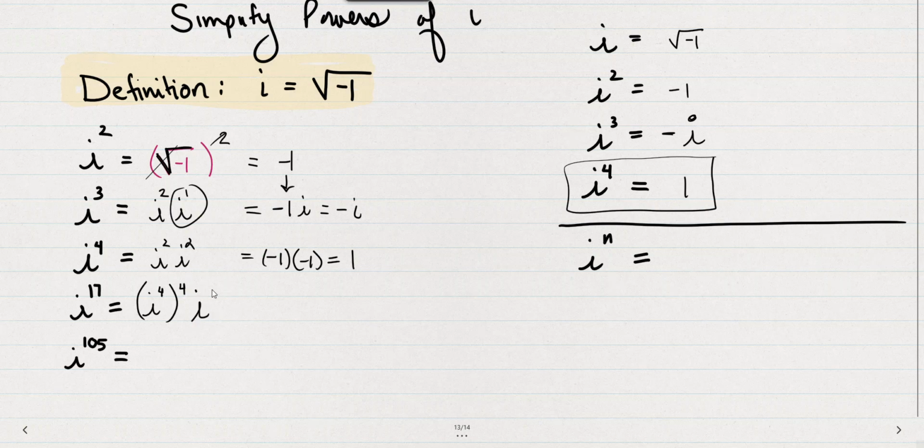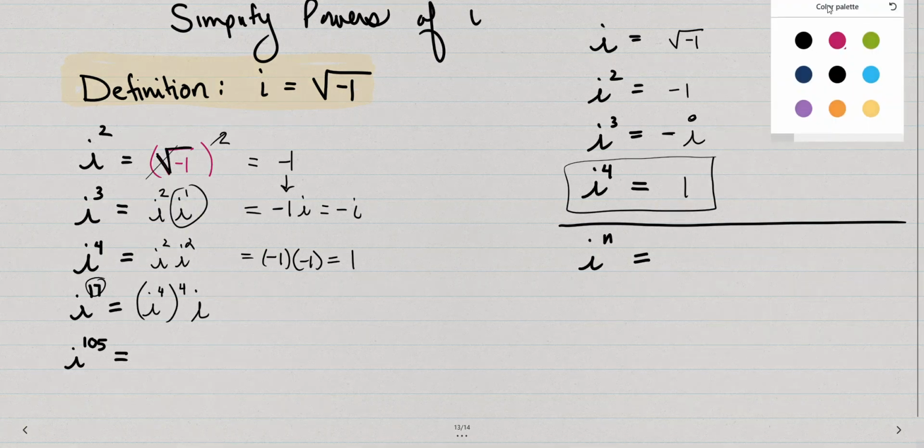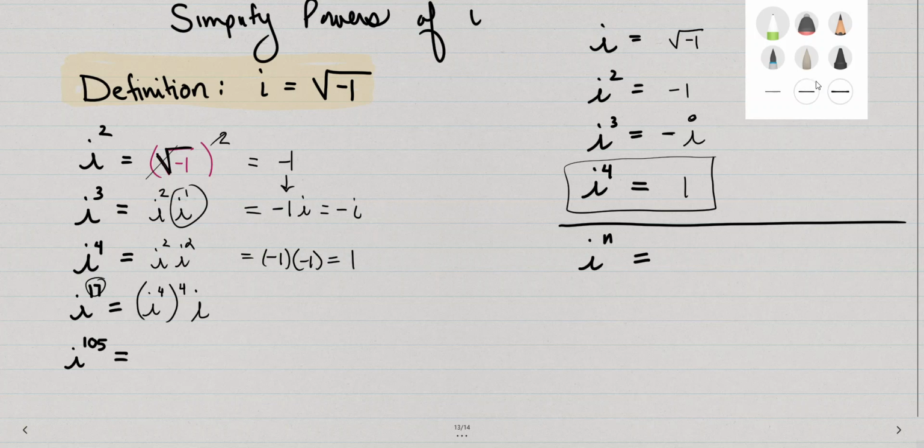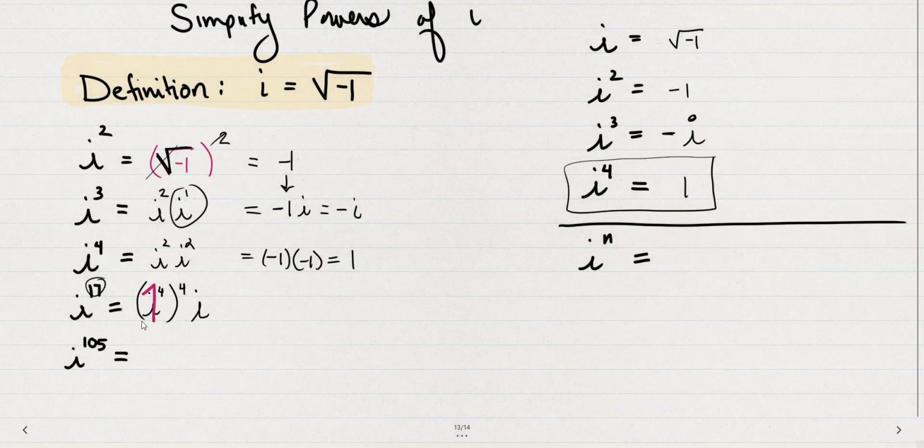And then I'd have 1 left. Do you follow that? 4 times 4 is 16, plus 1 gives me the 17. So this i to the fourth is just a 1, and 1 to the fourth is still just 1. So what I'm left with is i. i to the 17th equals i.